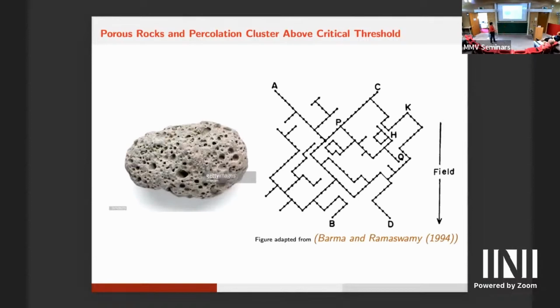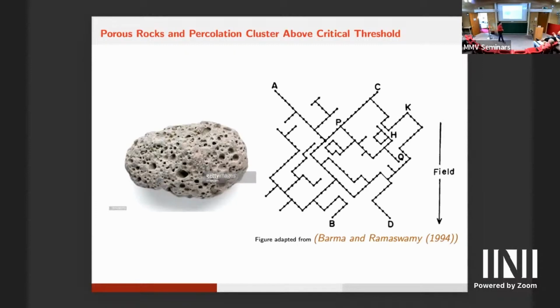This is a particular caricature of such a thing, and as you can see, it leads to channels, not all of which are interconnected. For example, if you start from here and follow this path, you go this way, and then it leads to nowhere.